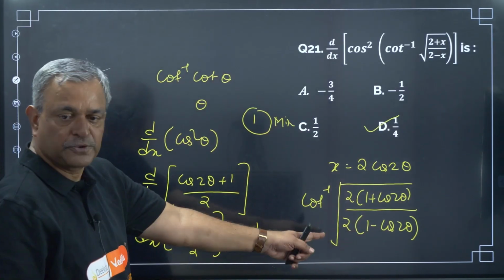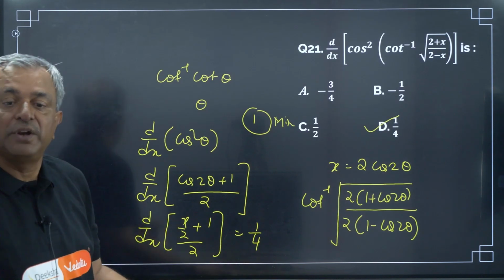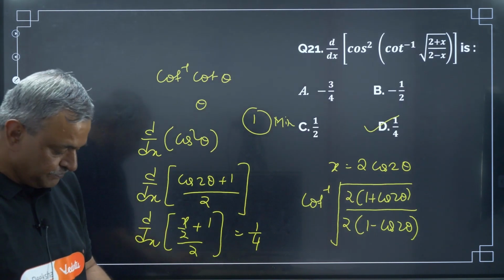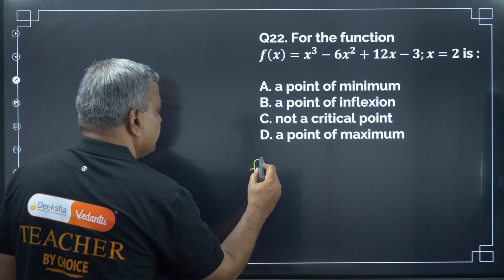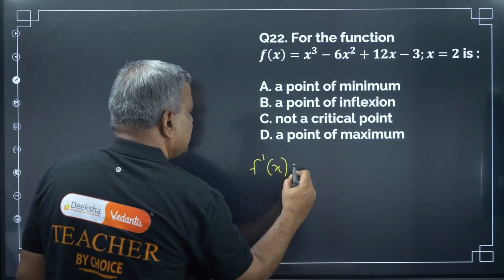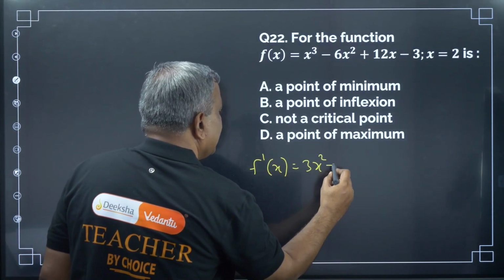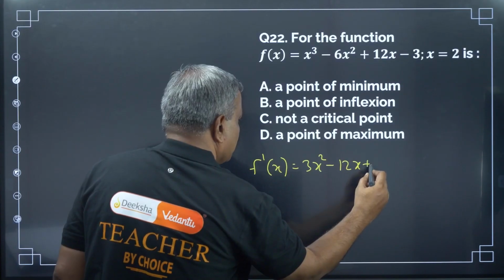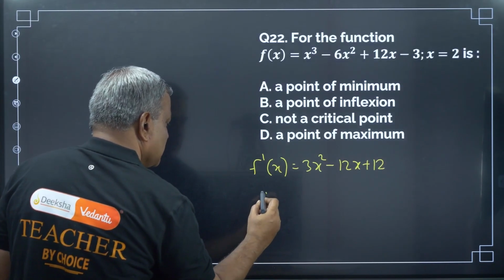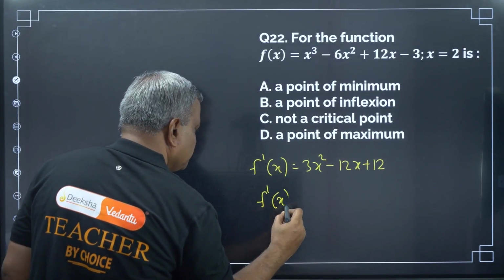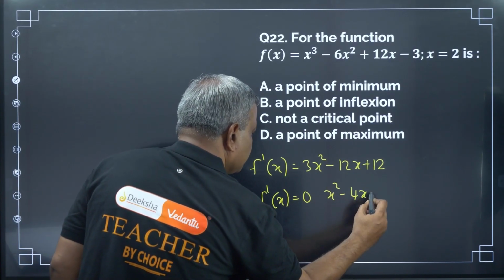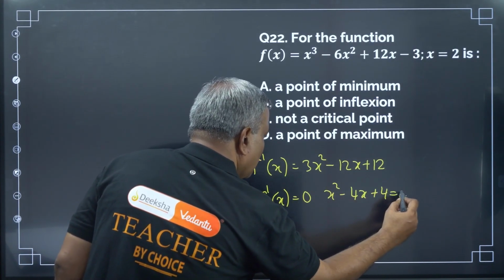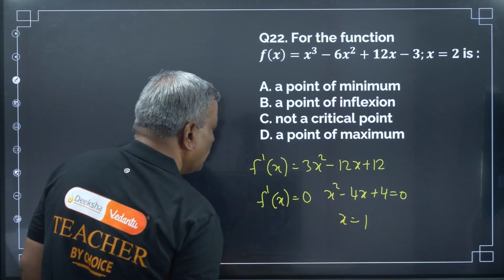Okay, it will take 1 minute, because you have to substitute and cross check very carefully. So the function, this one is there. What is f dash x? f dash x is 3x square minus 12x plus 12. So f dash x equal to 0 means x square minus 4x plus 4 equal to 0, only possible at x equal to 1.